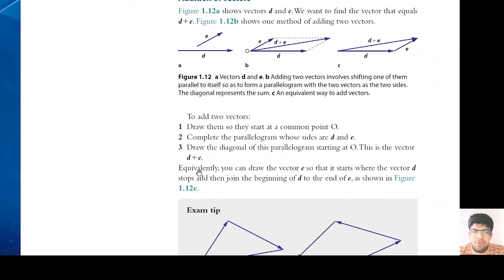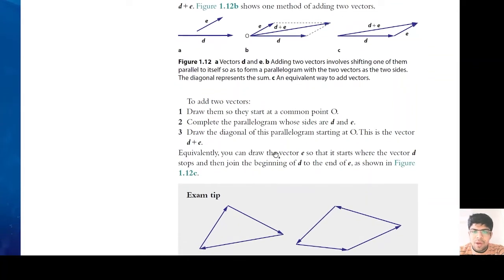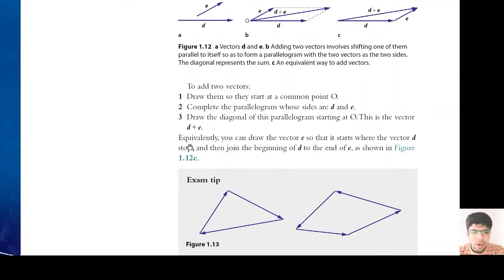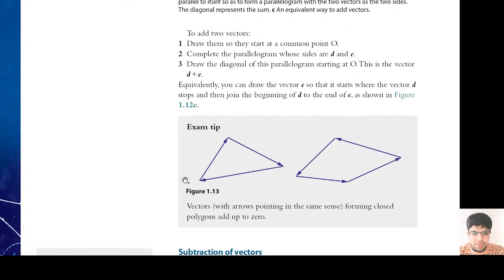Equivalently, you can draw the vector e so that it starts where the vector d stops, and then join the beginning of d to the end of e as shown. This is the equivalent way to illustrate this figure. Now let's see this exam tip.